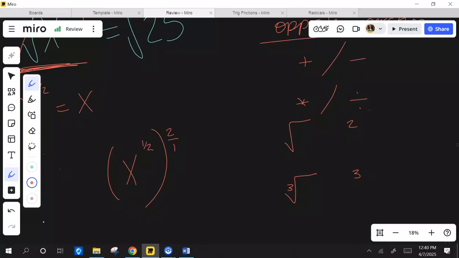It becomes 1, right? So this just becomes x. Because 1/2 times 2 over 1 is 2 over 2. Top times top, bottom times bottom. And 2 over 2 is 1. With me? Okay.